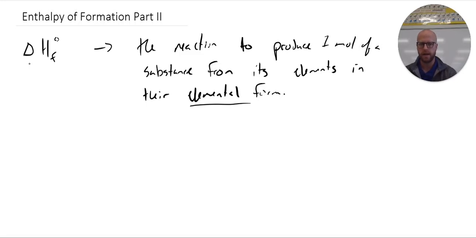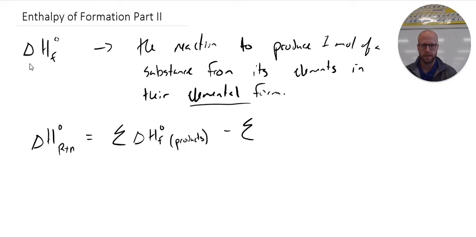The nice thing with that is it gives rise to this new equation that the change in enthalpy for a reaction, any reaction, is equal to the summation of the change of enthalpies of formation of the products minus the summation of the change in enthalpies of the reactants.